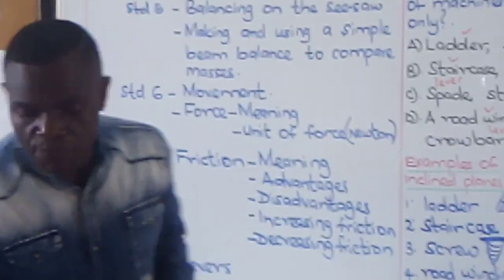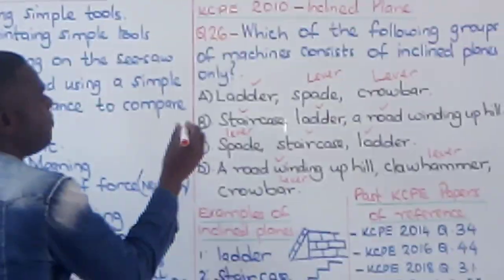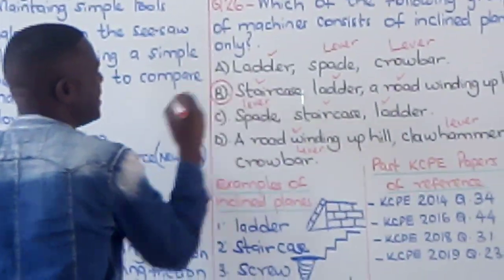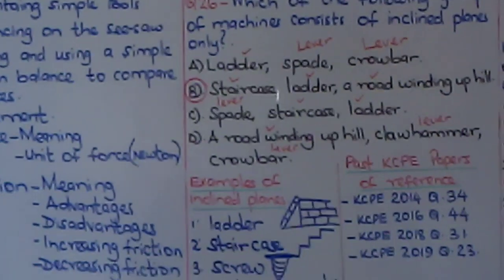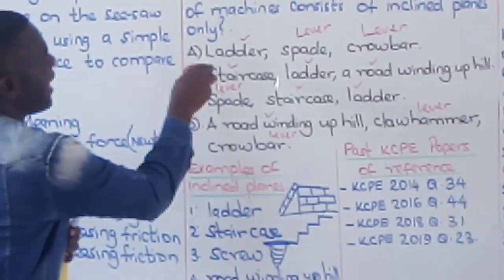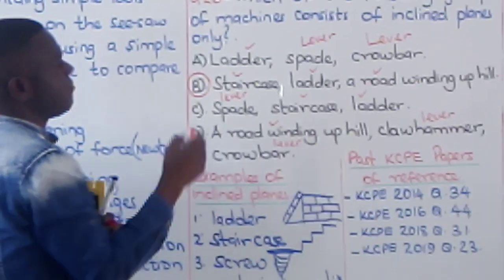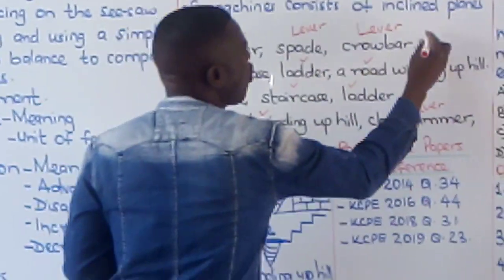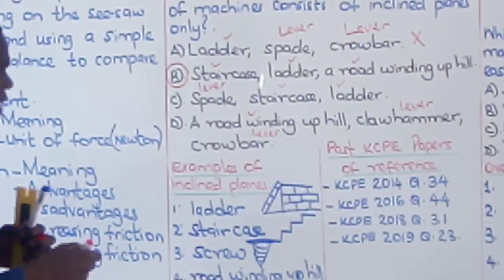Very good. The correct answer here is B, because it consists of the machines that are inclined planes. In choice A, the spade and the crowbar make the choice wrong, because they are levers.